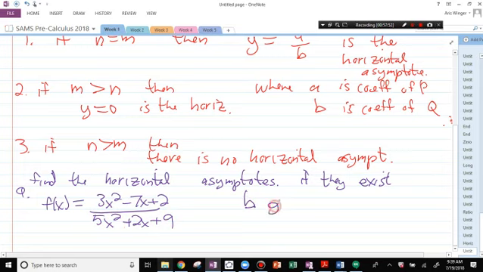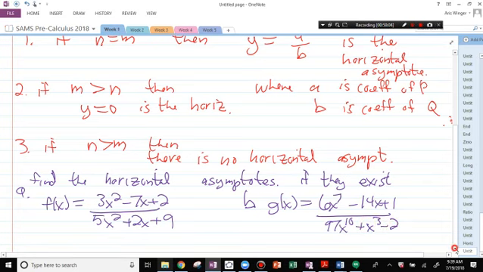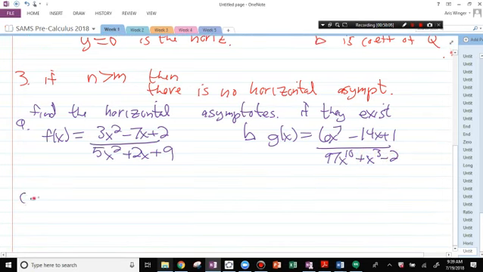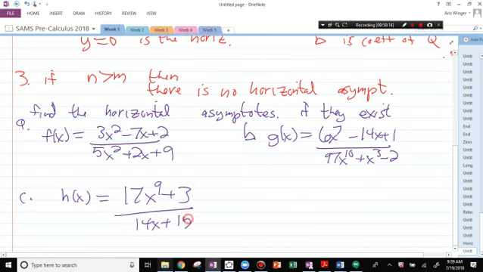B would be g of x is equal to 6x to the 7th minus 14x plus 1 over 97x to the 10th plus x to the 3rd minus 2. And then C would be h of x is equal to 17x to the 9th plus 3 over 14x plus 15. Find the horizontal asymptotes if they exist.